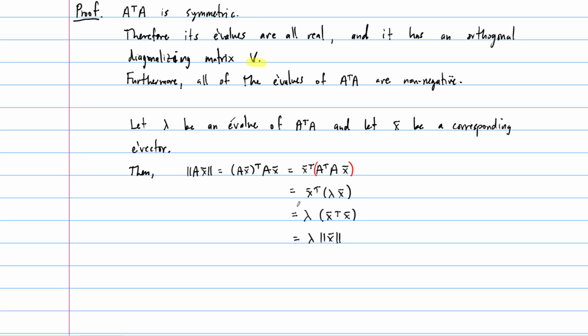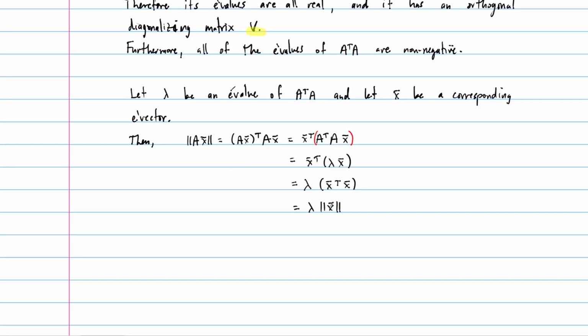So what we find then, and by the way, X was assumed to be an eigenvector, so X is not the zero vector, right? And so what we can do then is divide through by the norm of X. X is not the zero vector, which means that its length is not zero, right? Because eigenvectors have to be non-zero vectors.